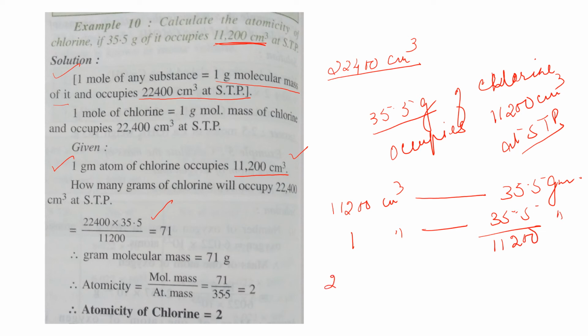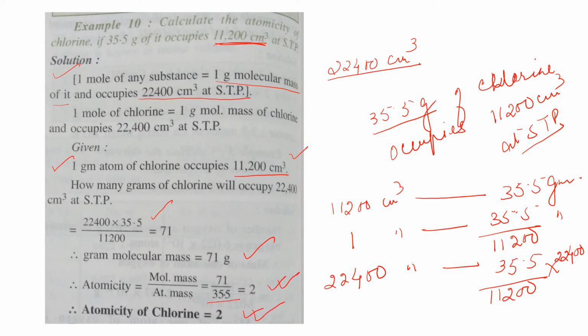Now 22400 centimeter cube is occupied by 35.5 divided by 11200 into 22400 gram. So it is coming 71 gram. Now atomicity is the molecular mass by atomic mass. So 71 by 35.5, it is coming 2. So the atomicity of chlorine is 2.